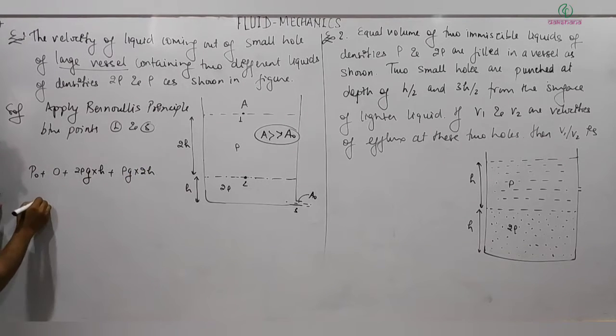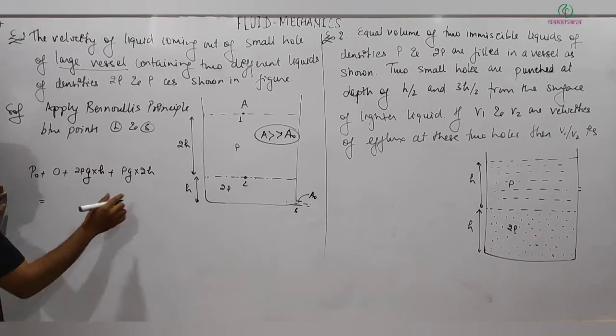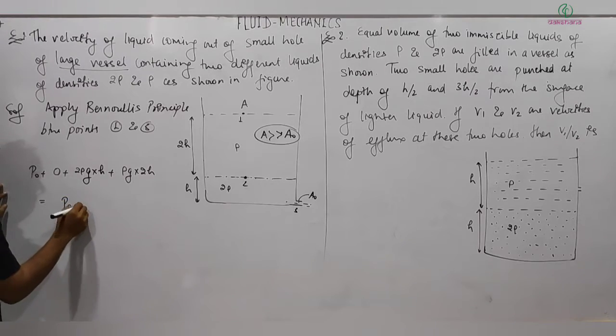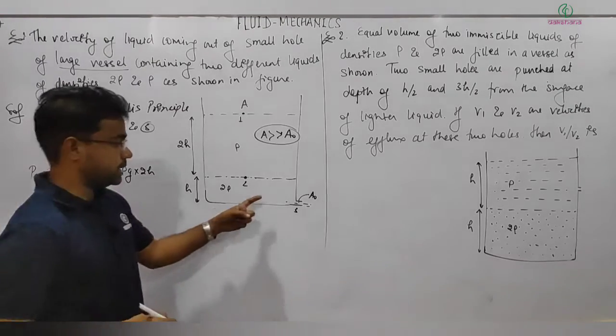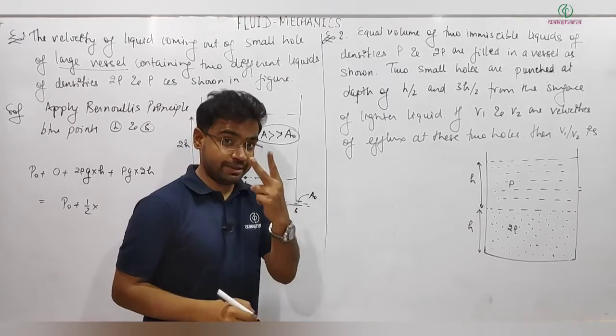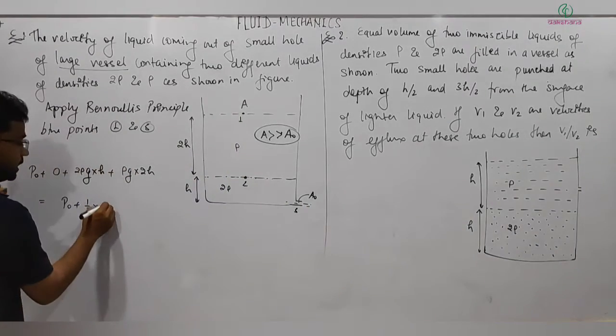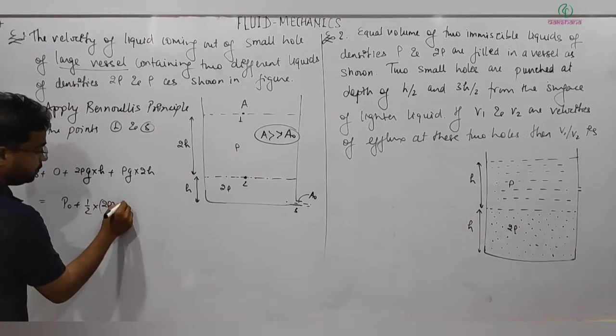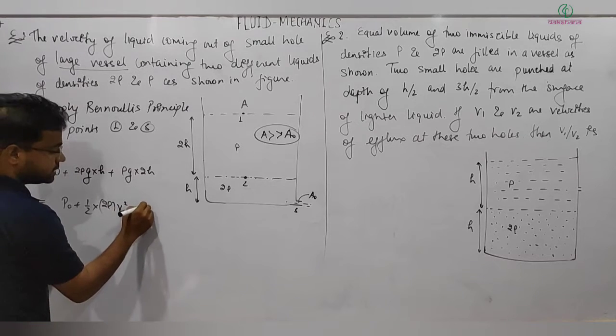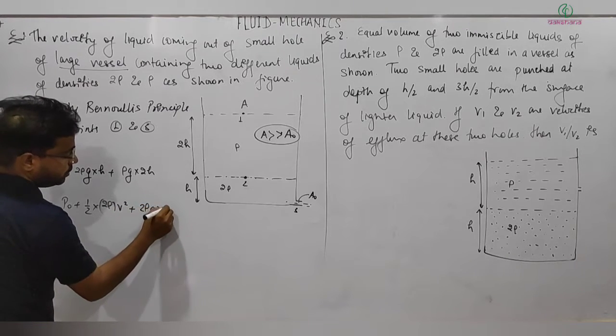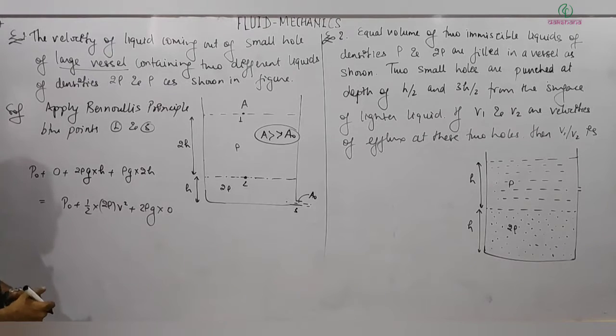This is point 1. Then at point 3 I can write P naught plus half, now the liquid coming out from here has density 2 rho, so we will write half into 2 rho into V square, plus 2 rho G into H is equal to 0. I hope you are clear with this term.